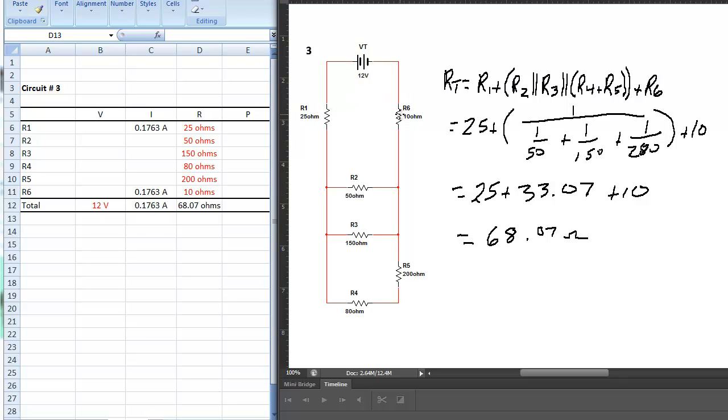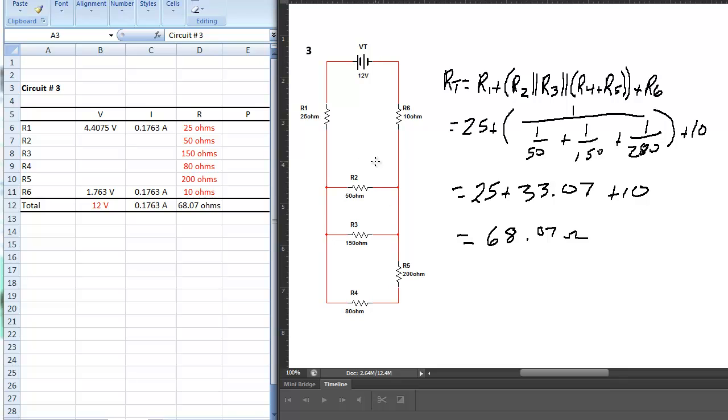Now understand, I1 and I6 are in series with the entire rest of the circuit, so they get the same current. So you can see that here, and from there we work out V1 and V6. Okay, so you get V1 at 4.4075 volts, V6 at 1.763 volts, so 12 minus these two, because they're in series, will leave the remaining voltage left over of 5.8295 volts, and you can see that V2 and V3 will receive the full voltage.